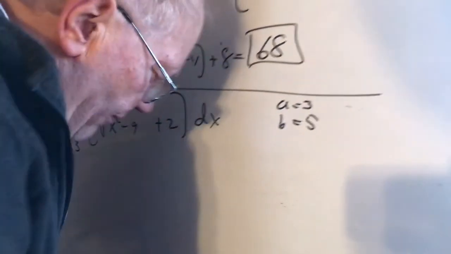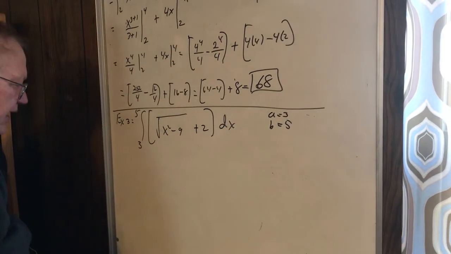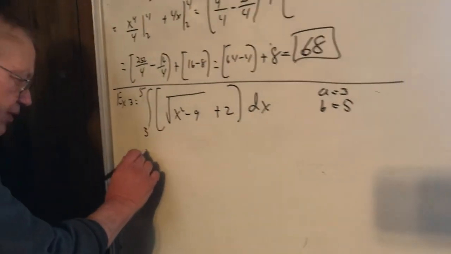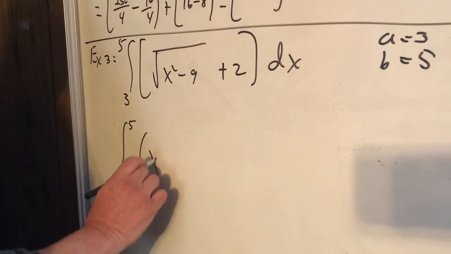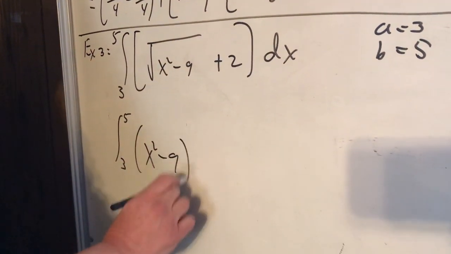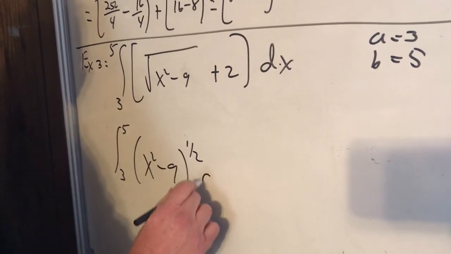Okay, so obviously we have a square root here, so we have to change it like we always do to an exponential. Distribute the dx.